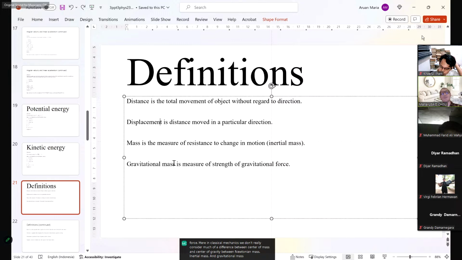We consider them to be the same or almost the same, but the general theory of relativity proves that they are actually the same. So maybe if we will be dealing with the general theory of relativity of Einstein, we will try to prove that inertial mass is the same as gravitational mass. Any questions?